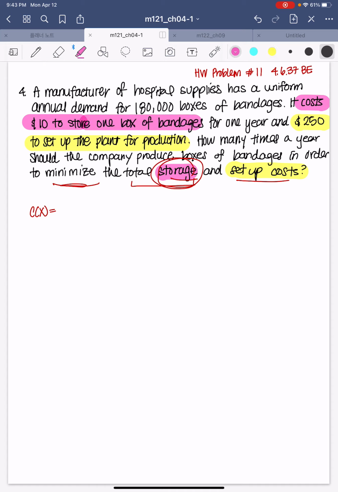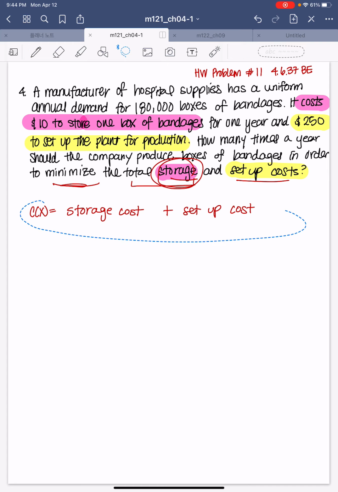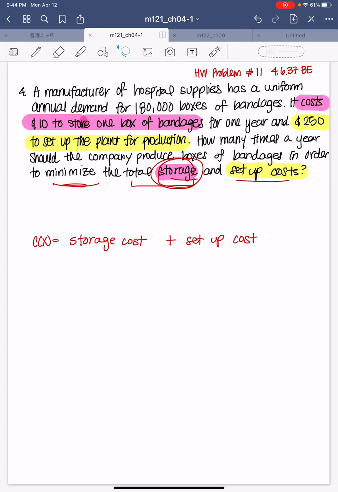So that means total cost, I have to consider that storage cost plus setup cost function. It comprises two things. And then we want to minimize this function here, our C of X.